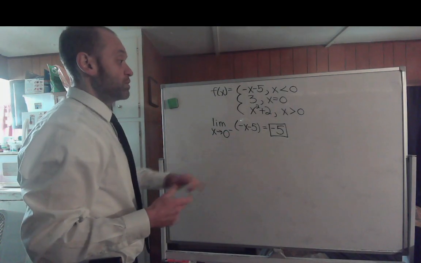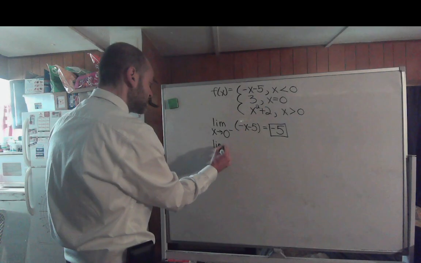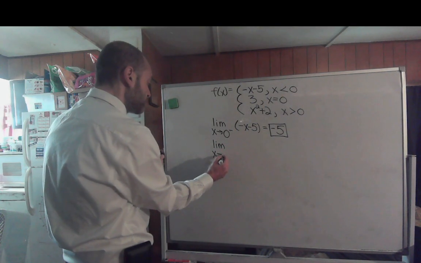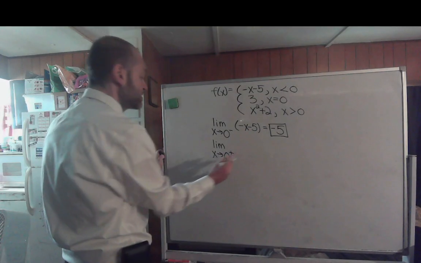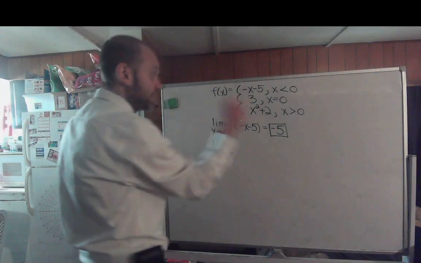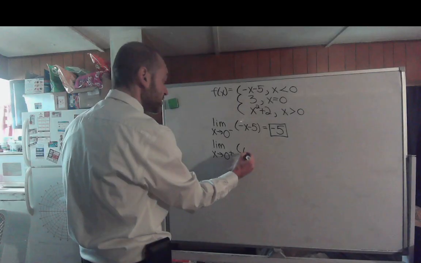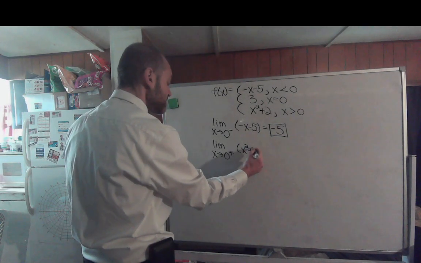Now we need to deal with the right-handed limit. So the limit as x approaches 0 from the right, your right-handed limit, if you approach from the right, that means x is greater than 0, so you're actually going to treat this like the function x squared plus 2.